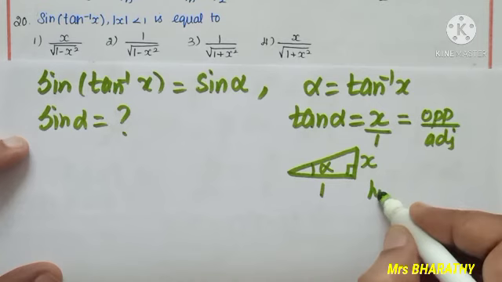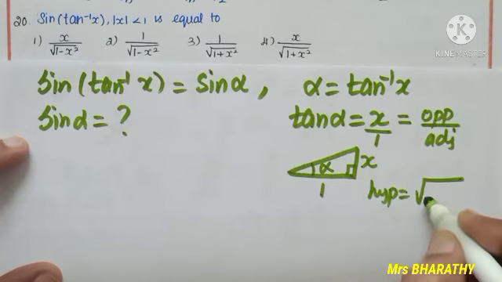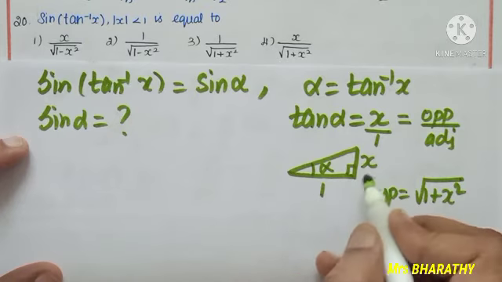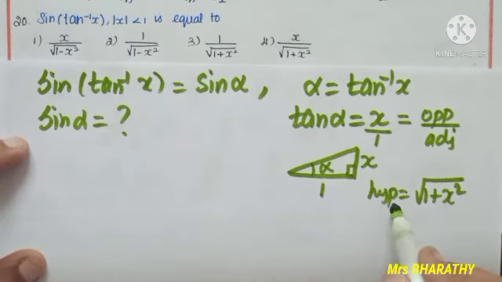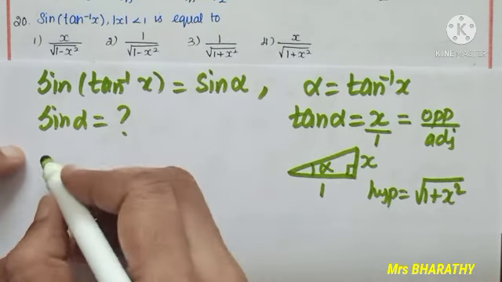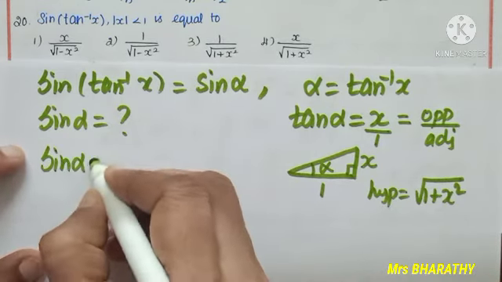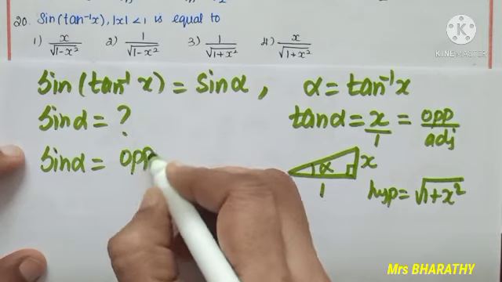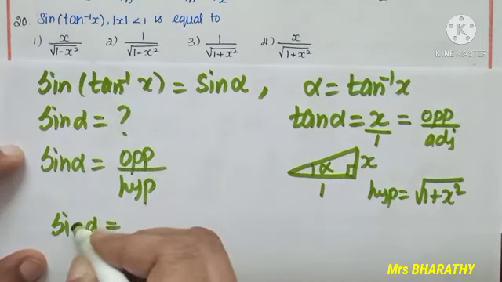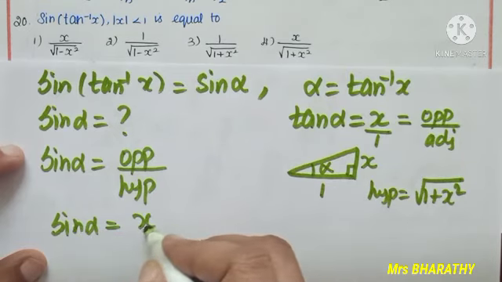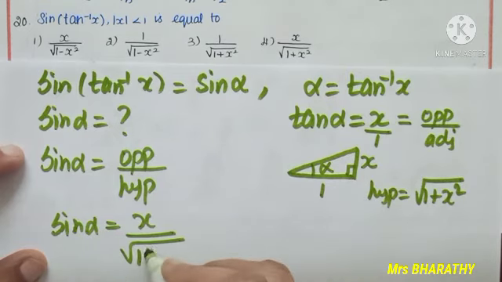So what is the hypotenuse? It is root of 1 plus x square, that is, 1 square plus x square. Having known the opposite, adjacent and hypotenuse, my question is what is sine alpha? We know the formula, it is opposite by hypotenuse. So sine alpha is, opposite is x, hypotenuse is the whole square root of 1 plus x square.